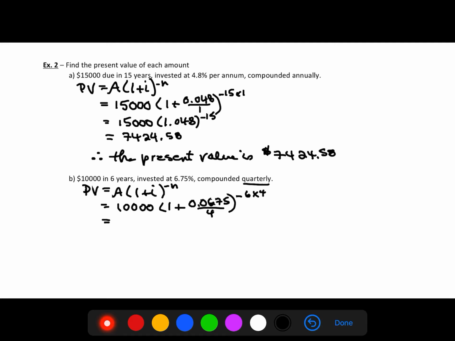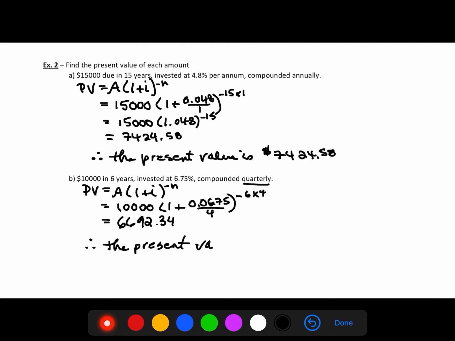So again, 0.0675 isn't going to simplify into a nice round number. So we're going to put this into our calculators all in one big step. 0.0675 divided by 4 equals, plus 1 equals, to the power of negative 24 equals, and multiply by 10,000.